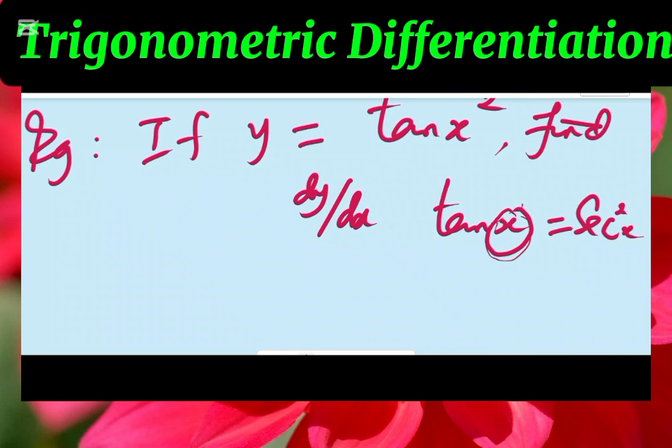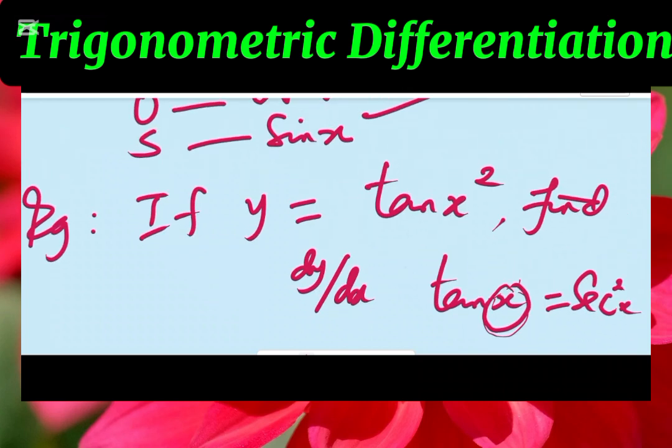But if you look at this function to be differentiated here, you can see that the power of x here is not 1, it is 2. So in that case, it will not be sec square x. You have to apply the chain rule, the function of function theory. Let me recap it.